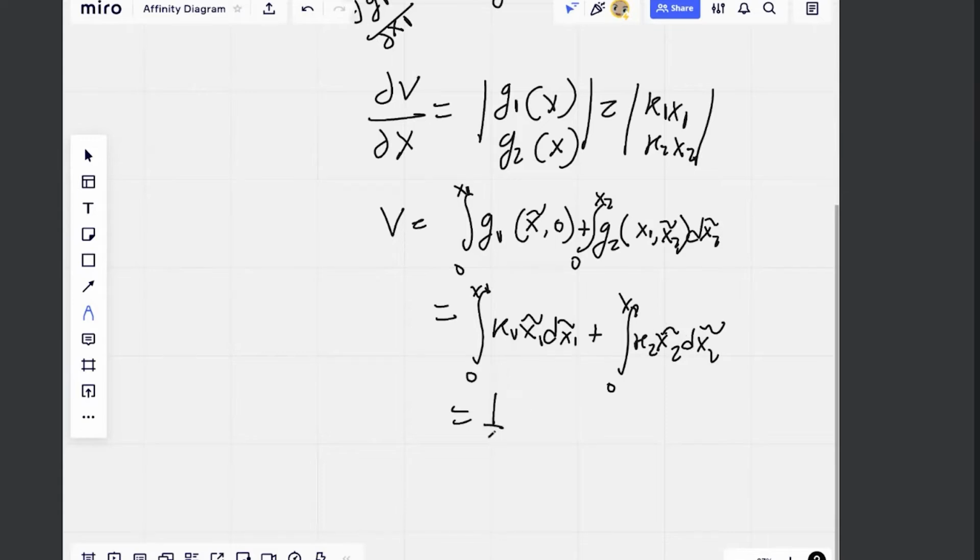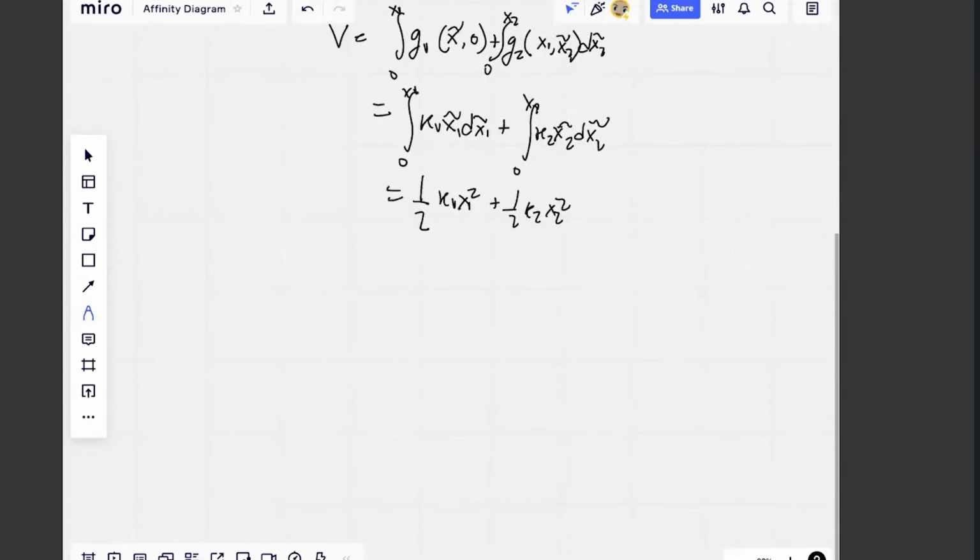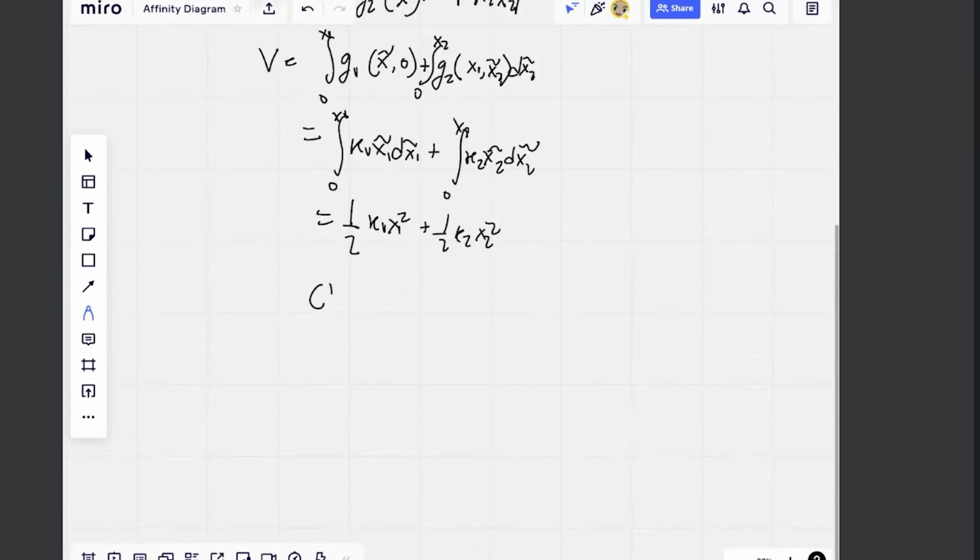So we get V(x) = ½ k1 x1² + ½ k2 x2². Now we are supposed to choose k1 and k2 such that they're both greater than 0, because then V(x) is greater than 0 and V(0) is equal to 0. If you substitute x here, you get 0, 0. So we can check whether it's a Lyapunov function or not.